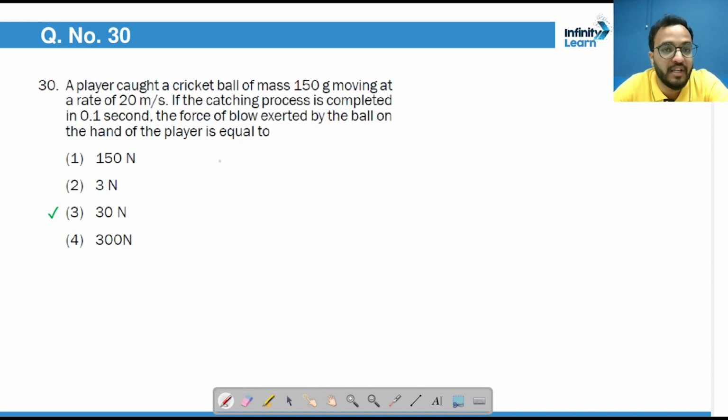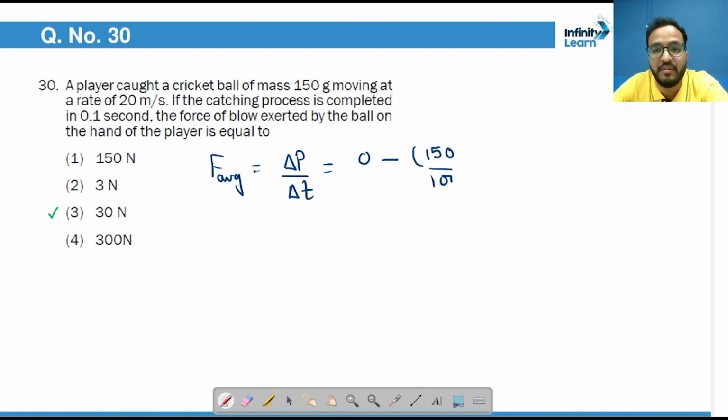A player caught a cricket ball. Simple. The average force is change in momentum upon time taken. Finally he is going to stop the ball, so final momentum will be 0. So 0 minus initial, which is 150 grams converted into kg, velocity is 20, upon the time taken, 0.1.